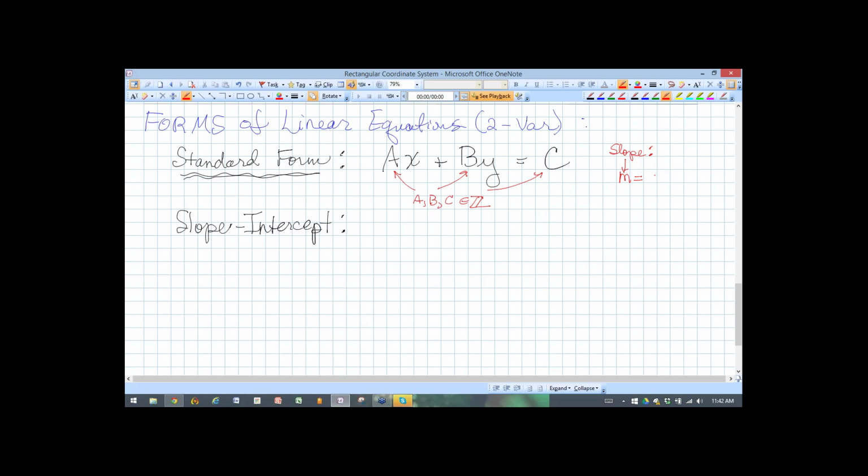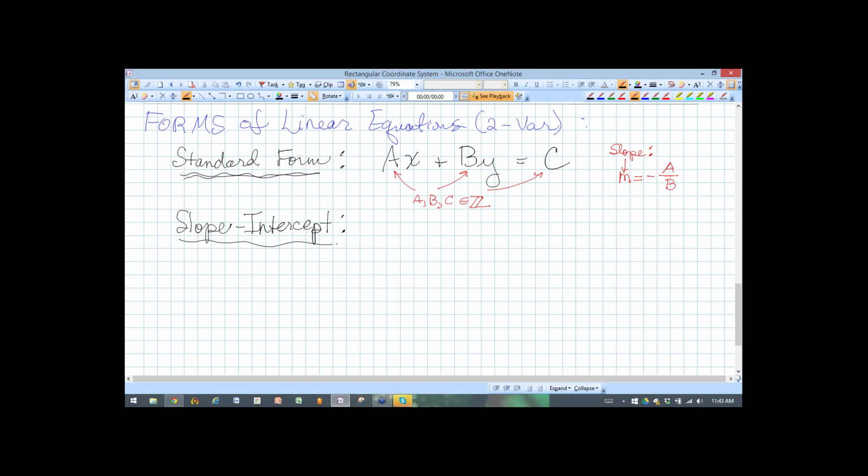Once you have that, then the slope will be the opposite of A over B. So just whatever your coefficients on X and Y are, put them one over the other. It's negative A over B, the opposite of. We'll look at an example in a minute of each one.